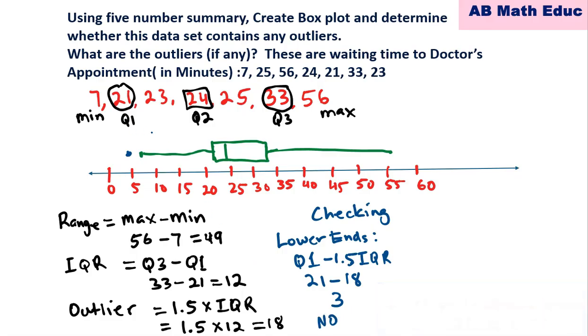But here we see that in the given data, there was no number beyond that. So there's no outlier on the lower side. We have to check the upper side to see if there's an outlier over there. It's going to be quartile 3 plus the 1.5 times the interquartile range, which is the outlier base.